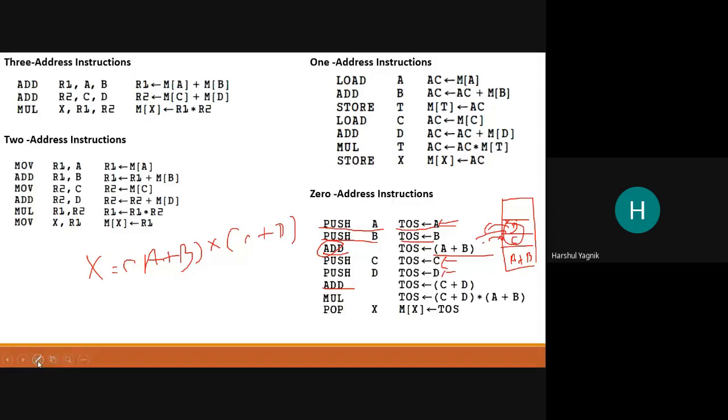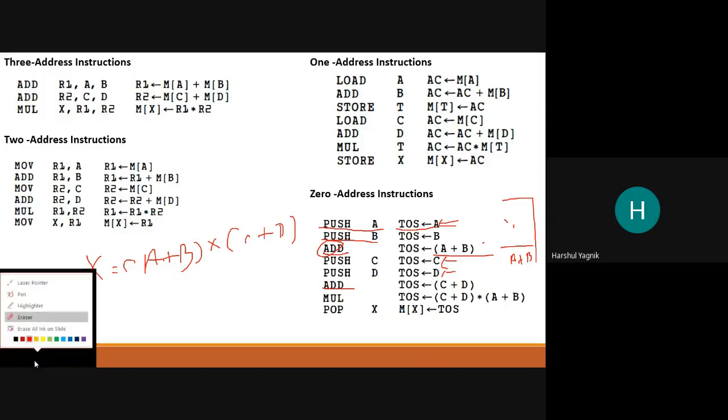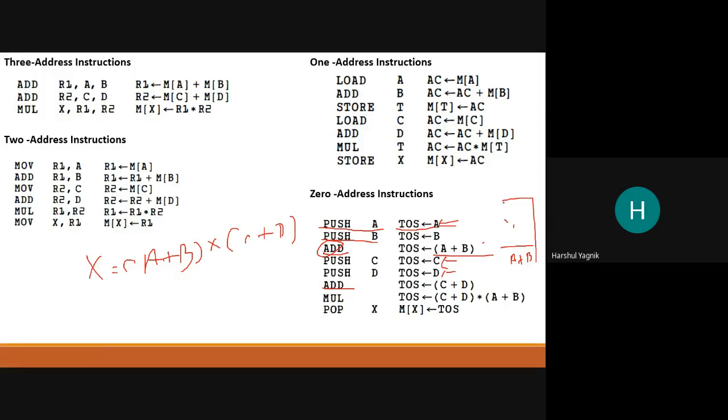So that will have C plus D over A plus B. Next instruction is multiplication.